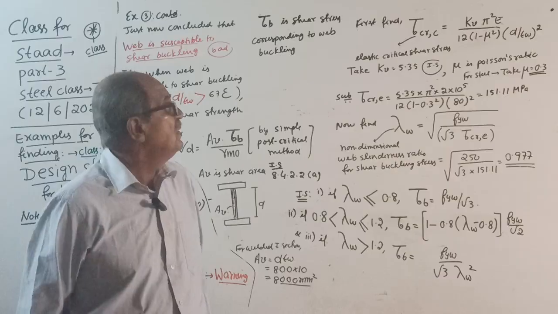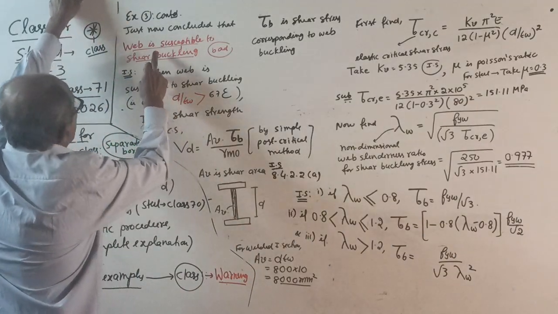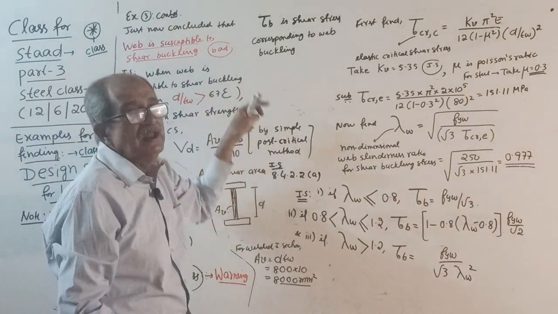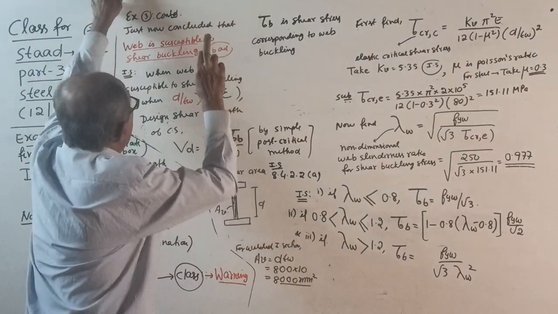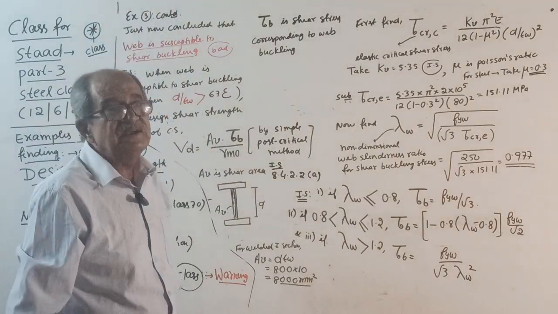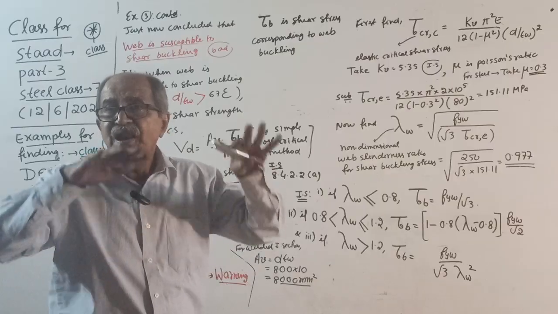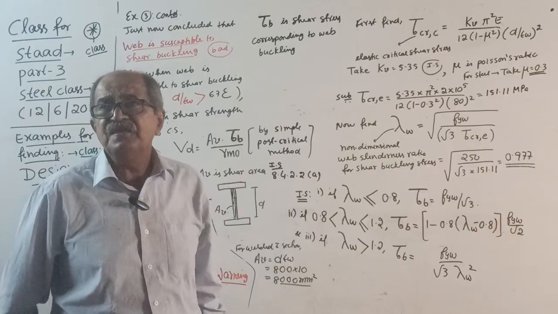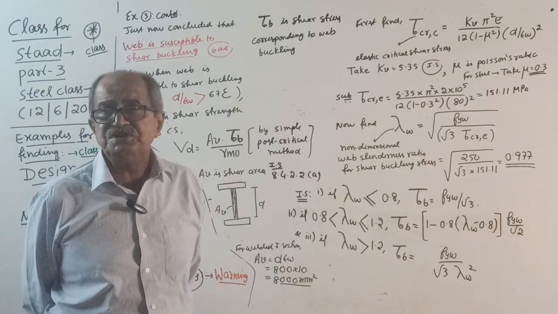That is the reason I told you. But now our web is susceptible to shear buckling. Bad. You can make a small note. That means the shear strength of the web will be lesser than what it would have been if it were not susceptible to shear buckling.